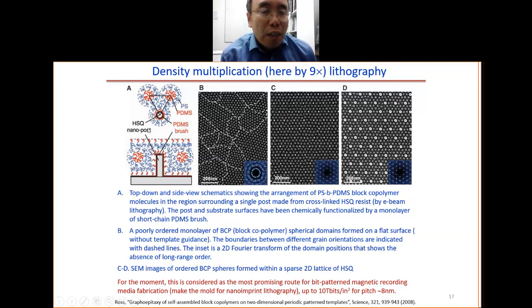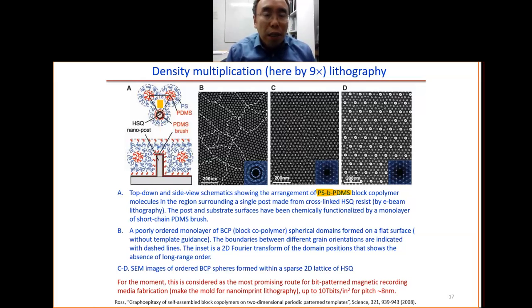You get these HSQ pillars. Then you functionalize the surface with the PDMS brush. This is the brush. Then you self-assemble a PS-block-PDMS, polystyrene-block-polydimethylsiloxane. Then you form this self-assembled pattern.